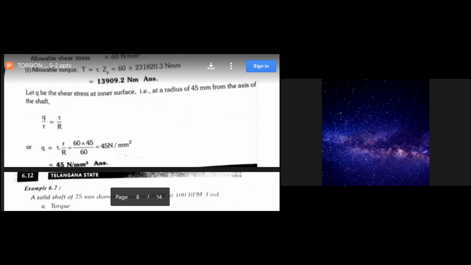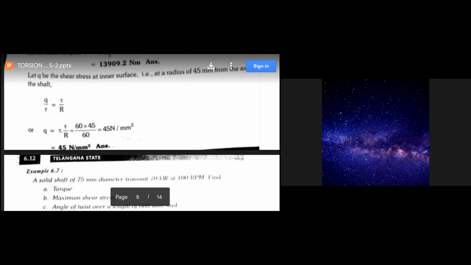Substitute the values: tau is 60, inner radius 45, outer radius 60. So you will get q equal to 45 Newton per mm square, the shear stress at the inner surface.